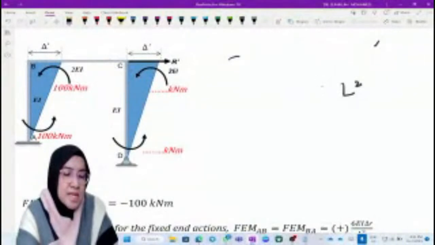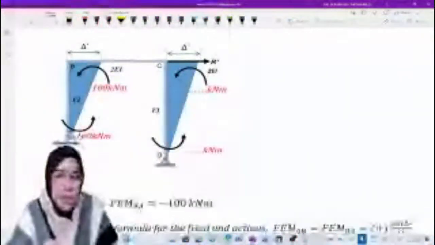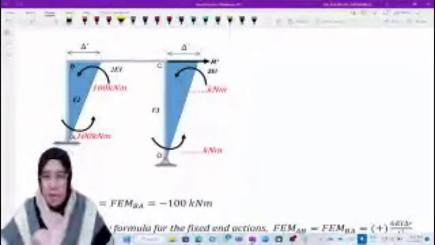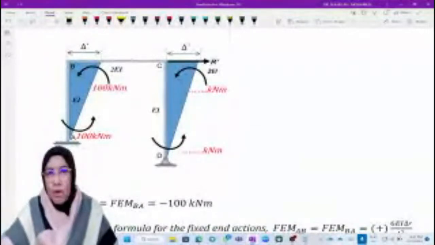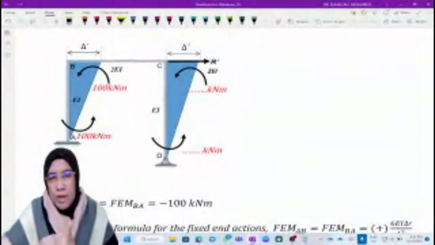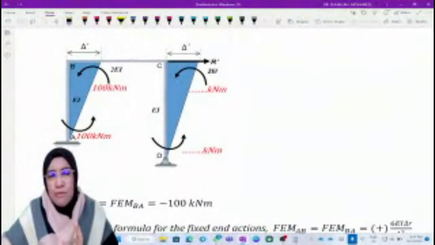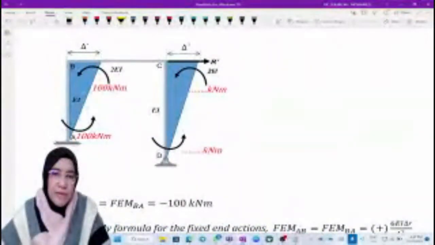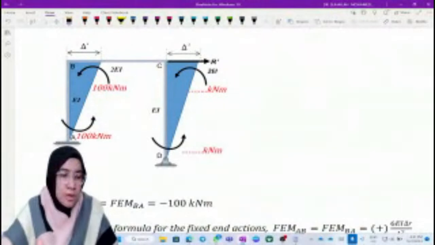Why is it negative? Look at column AB. Normally, when we have two columns AB and CD, we can only assume FEM for one column, and for the other one we have to find the ratio.